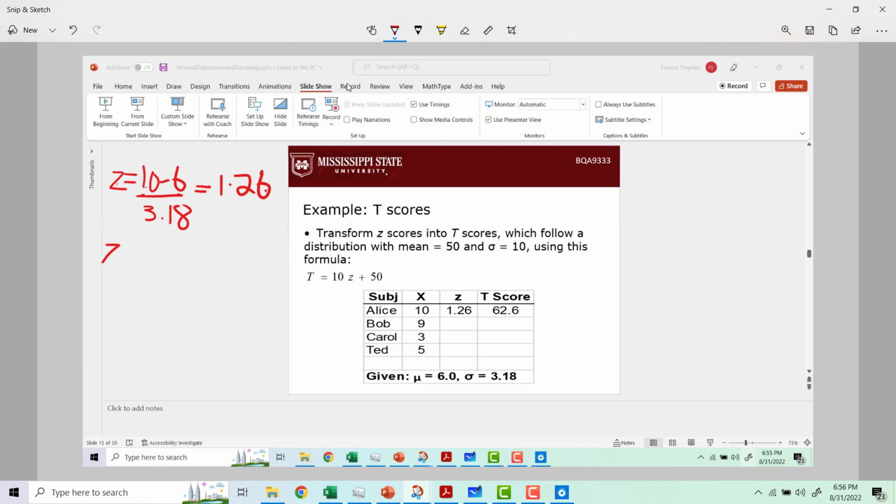For Bob, we have z equals 9 minus 6 all over 3.18 equals 0.943.